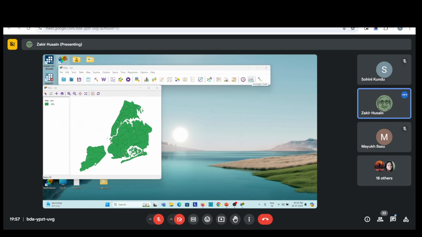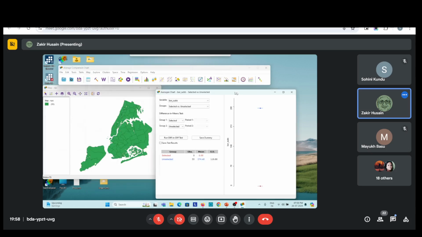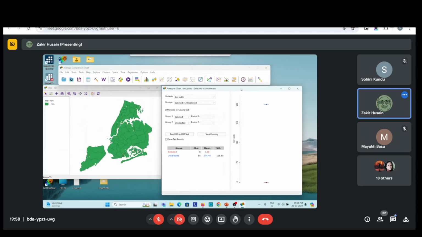I come to averages chart between borough and rent. So you can see that this is borough sub, which is the first variable. This is a meaningless thing.